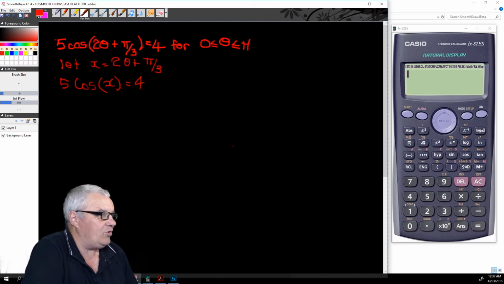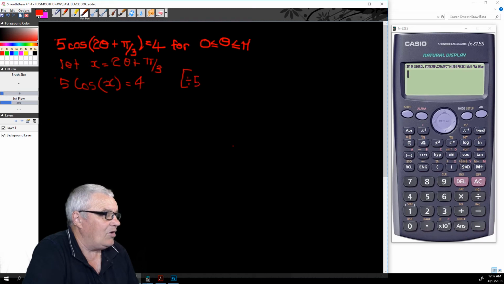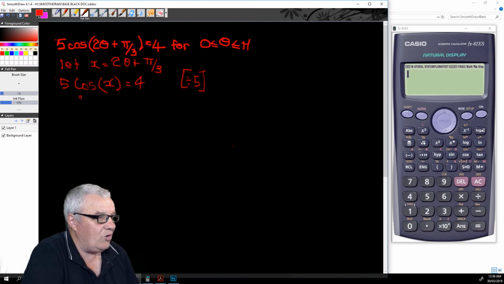What we're going to do now is divide both sides by 5, and what we end up with is cos x equals 4 upon 5.